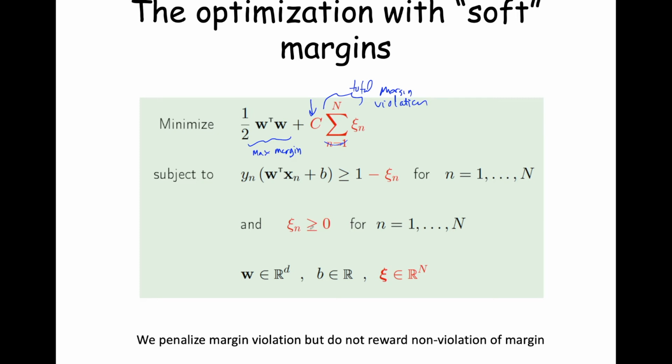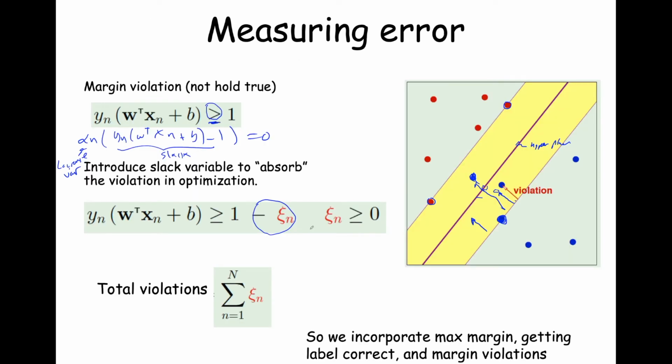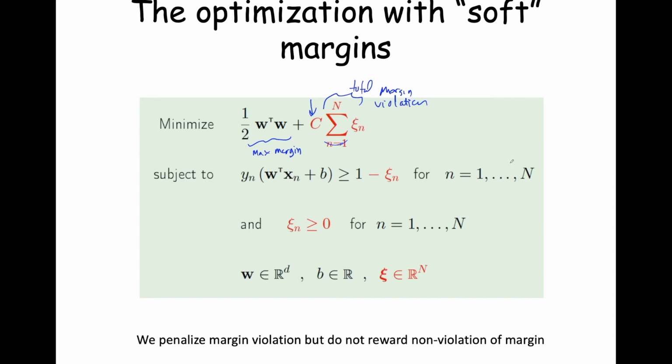What that means is one way you could choose a maximum hyperplane is not by taking these points and allowing margin violations. You could take these interior points, or these margin points, and push them further away. That would be rewarding for margin violations in a particular direction. But we're not going to do that. We only want to take some of those margin points and allow for violations in this direction going towards the hyperplane. So these xi n's are going to be greater than or equal to 0.